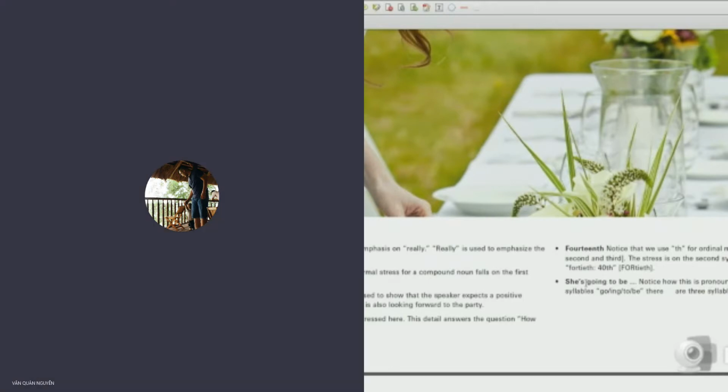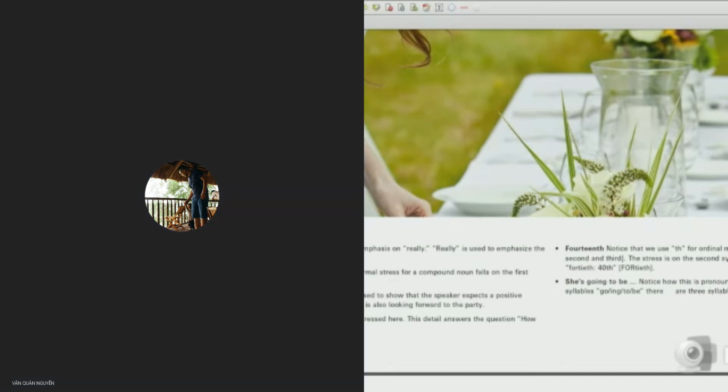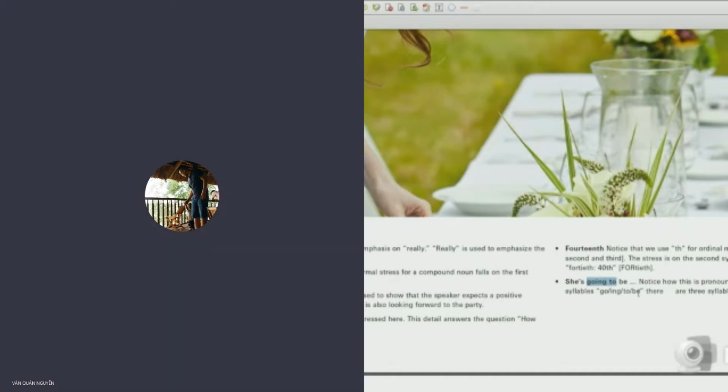Next, "she's going to be." Notice how this is pronounced like "gonna be." So "she's gonna be." Here the word is "going to." It's spelled as "she's going to," but when you are pronouncing it or reading it, you say "gonna."